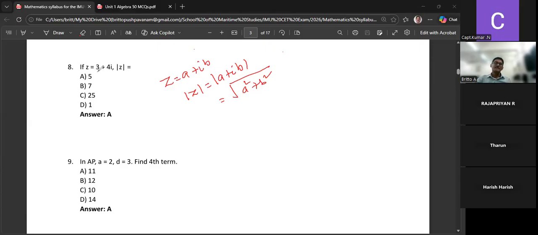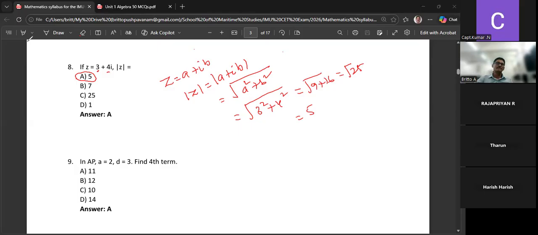Here in the place of a we have 3, and in the place of b we have 4. So you get 3 square plus 4 square, which is 9 plus 16. The root of 25 is 5. So the value of modulus z, when z is 3 plus 4i, is 5. The correct answer is A. You understand?